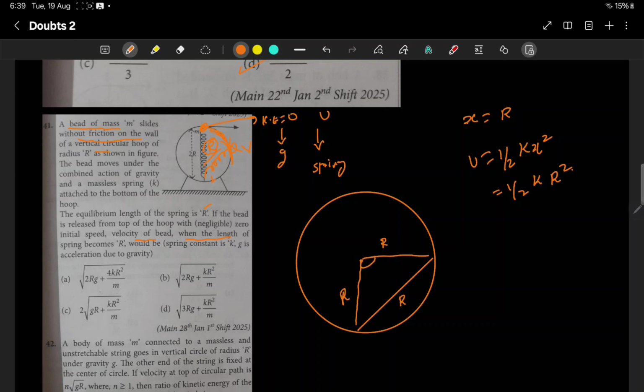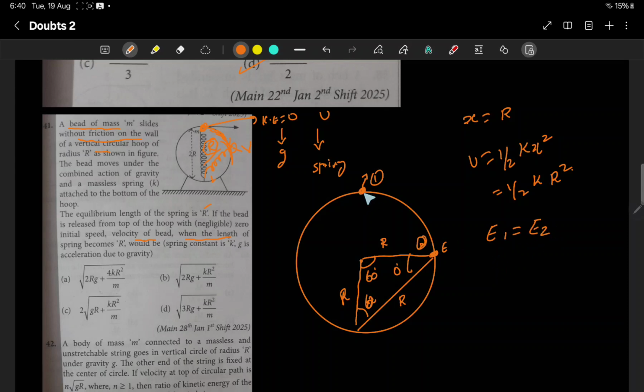Here you will have 60°, here 60°, and here 60°. The total energy at this point should be equal to the total energy at this point of the bead. Let me take it as E1 and here E2. E1 should be equal to E2.